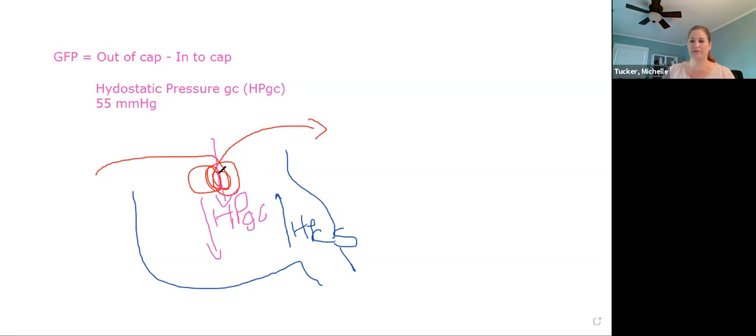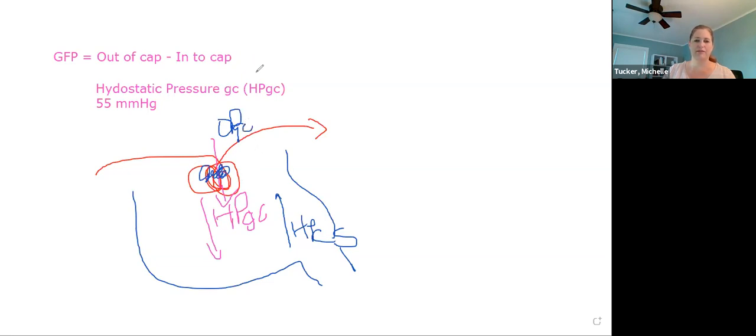We also, if you use my coffee ground example, the plasma proteins, or those coffee grounds, do not escape from that filtration membrane. And so they are still in here. And that is going to be the osmotic pressure at the glomerular capillaries.